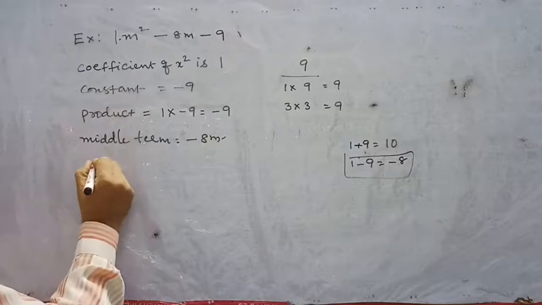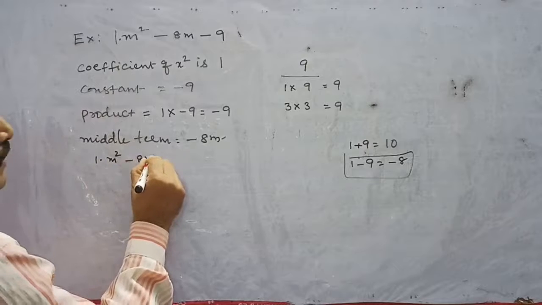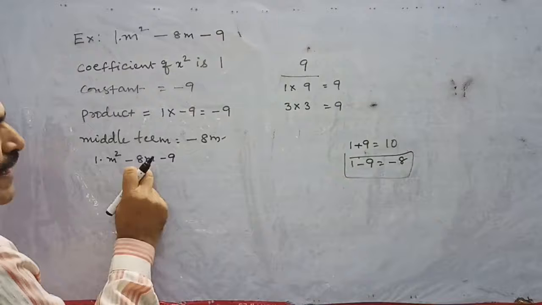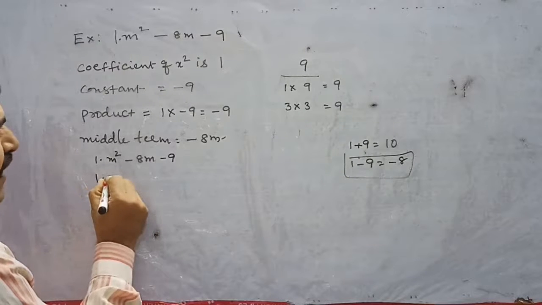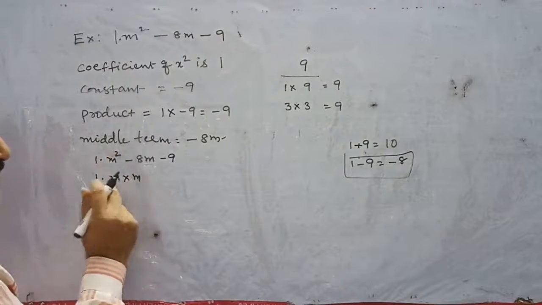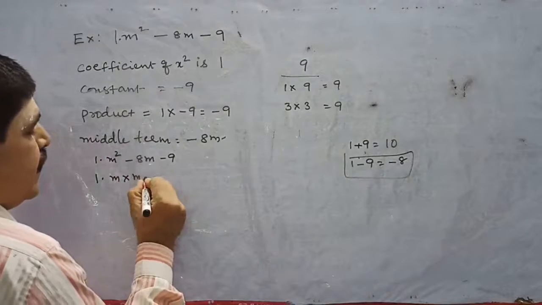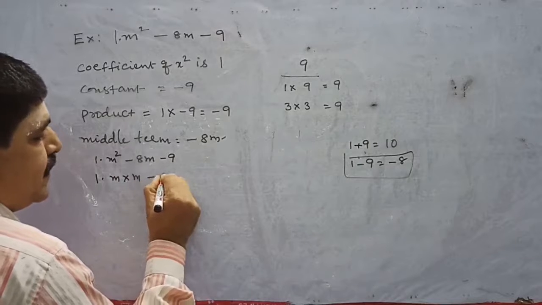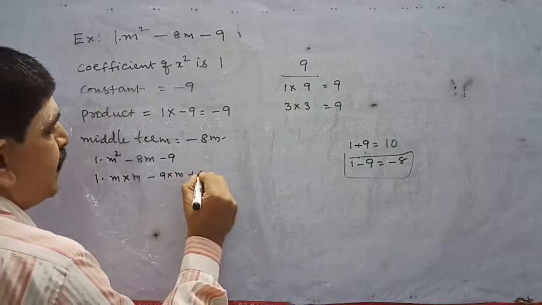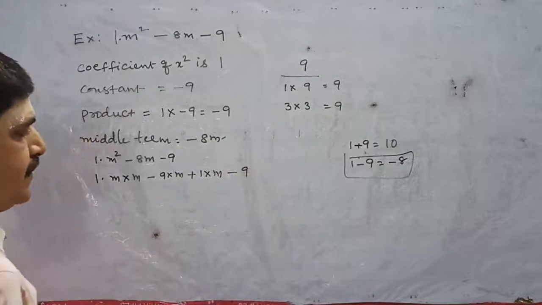So how to split? 1 into m square minus 8m minus 9. Now we have to split the middle term by using the factors. m square can be written as m into m, minus 8m can be written as minus 9 into m plus 1 into m minus 9.